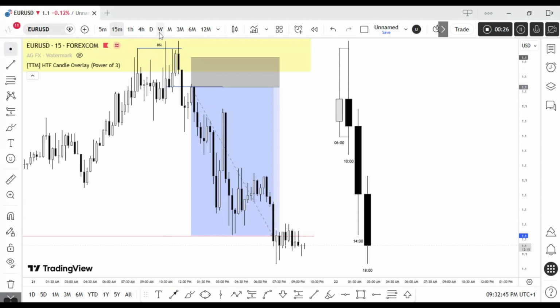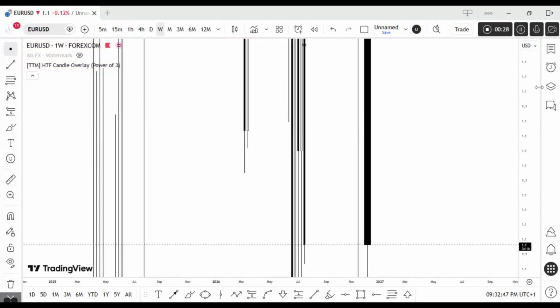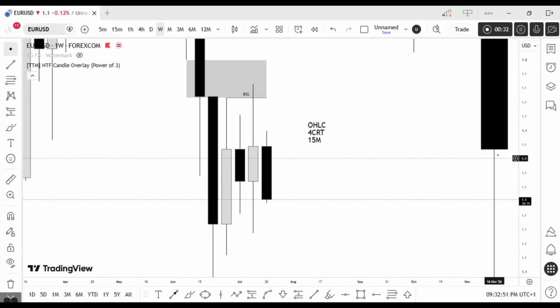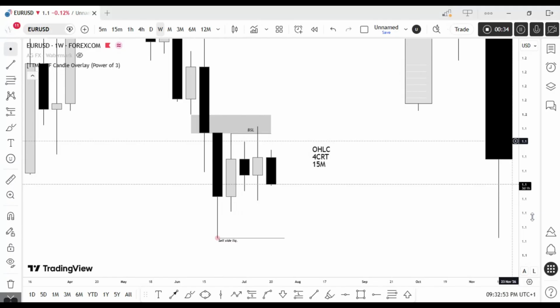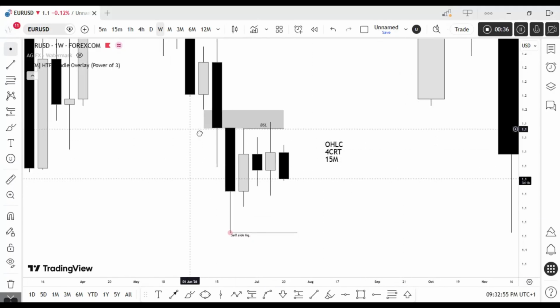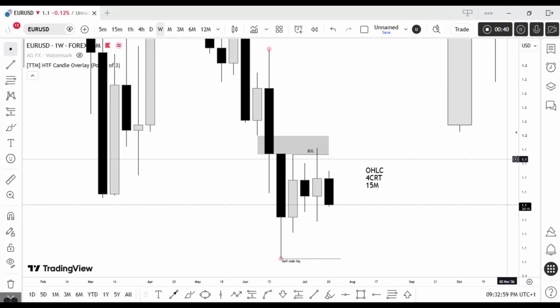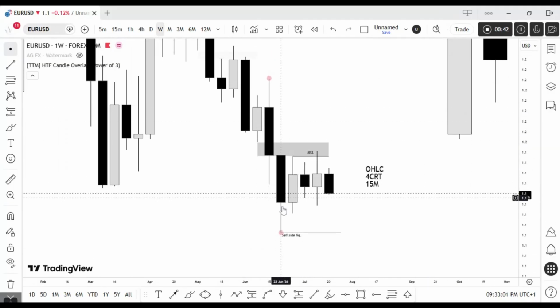So first thing first, I started this analysis from the weekly time frame. On this weekly time frame, I was able to identify that price was in a bearish trend. Looking at this weekly time frame, you can clearly see that price is in a bearish trend. We are making a series of lower low and lower high, lower low, and then we pull back into this SVG, which is our internal liquidity.